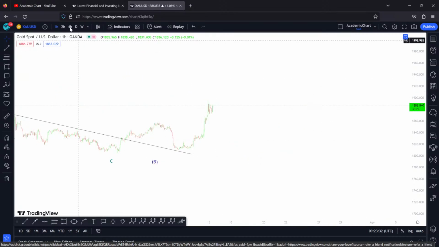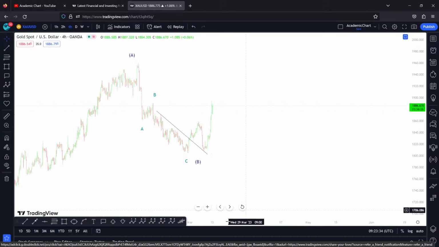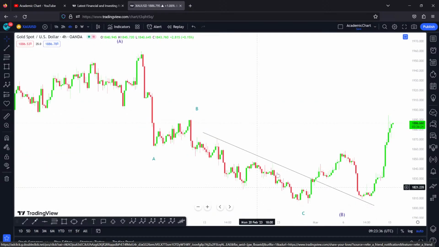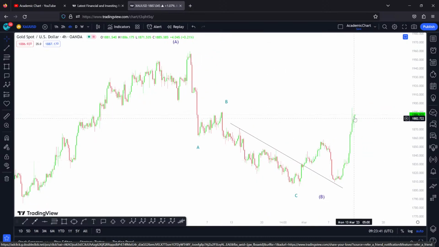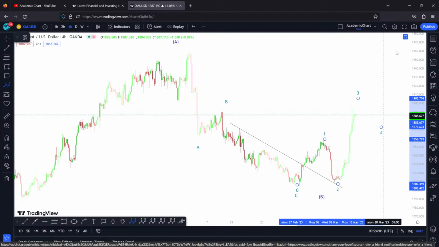If I go back to the 4 hour view, we can see that it has started a very powerful wave as our third wave. So I can now add new information to the previous analysis: after that minor ABC, which formed this B, I'm now seeing a 1, 2, probably 4, 5, something like this to the top.